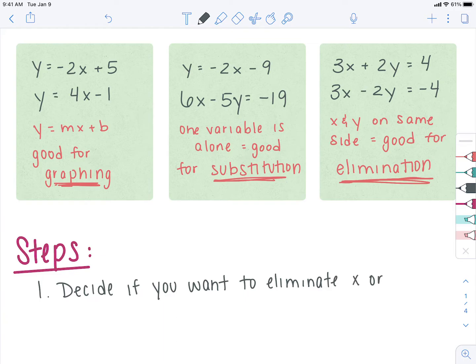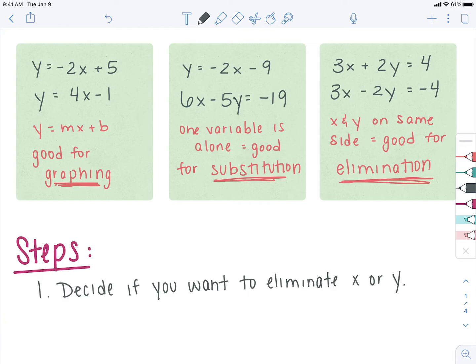And the way you're going to decide this is if you have a variable that has the opposite coefficients already. So like if I look back at that third example up there where I have 3x plus 2y equals -4, and then I have 3x minus 2y equals -4. Since I have a positive 2y and a negative 2y, the easiest thing for me to eliminate there is the y's because they're opposites.